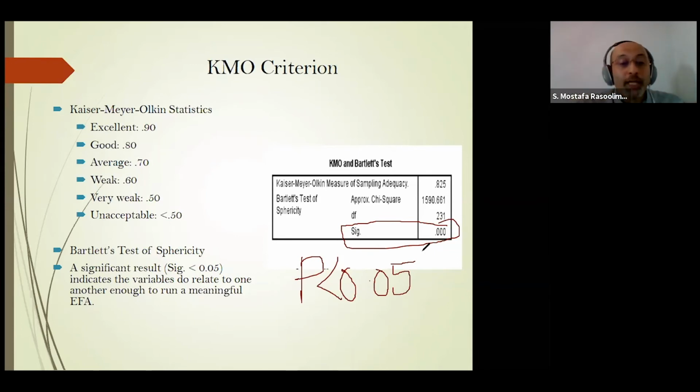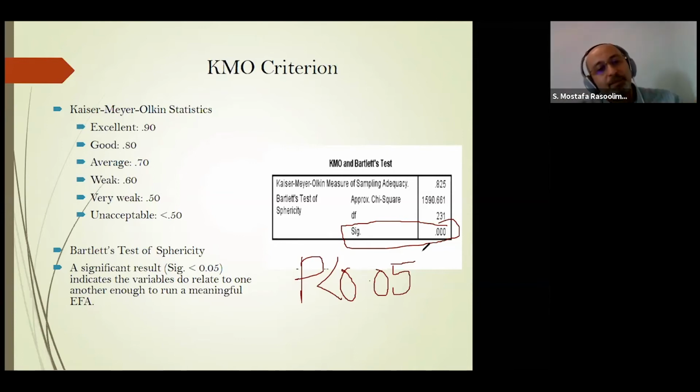So our items are related to each other enough to run EFA.